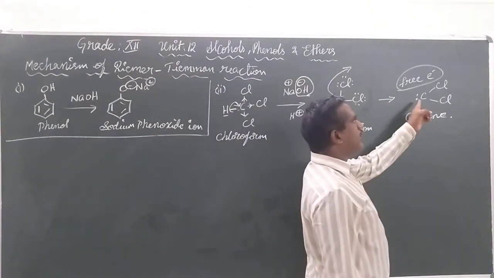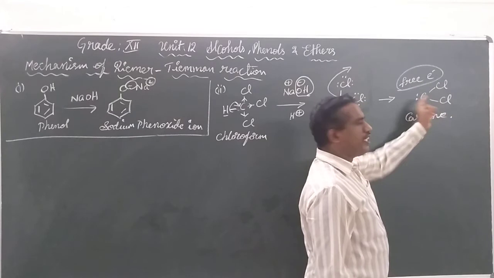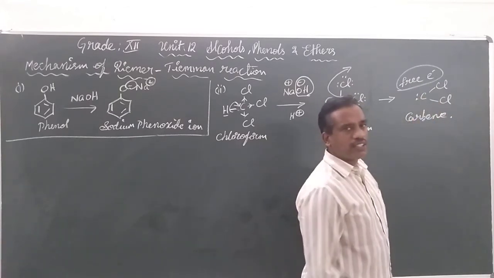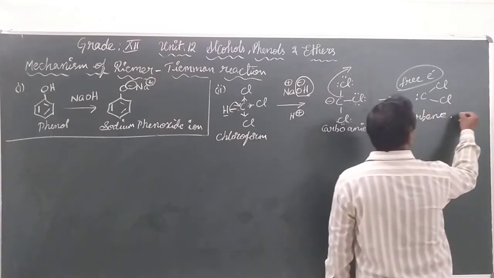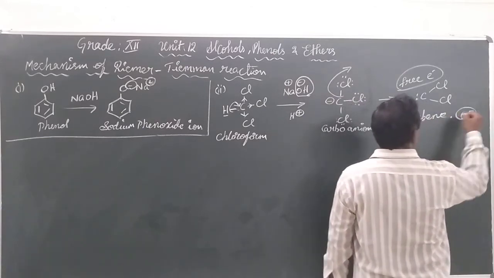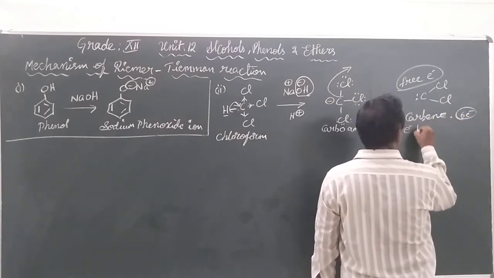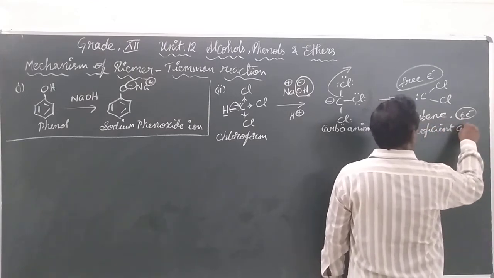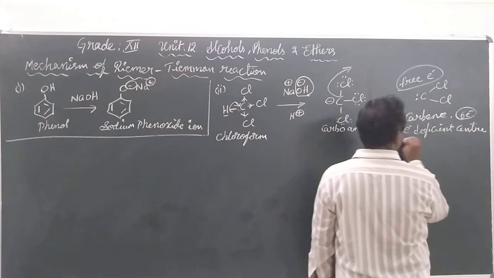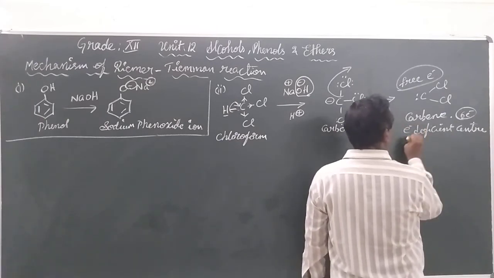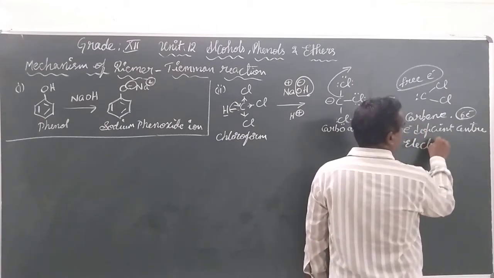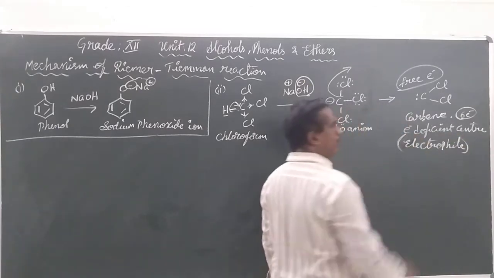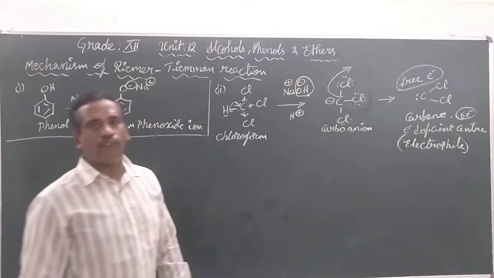How many bonds are there around the carbon? 1 and 2, so 4 electrons, and 2 more free electrons are present. Totally it is having only 6 electrons around the carbon. So this is an electron deficient center. Can you call the electron deficient center an electrophile?